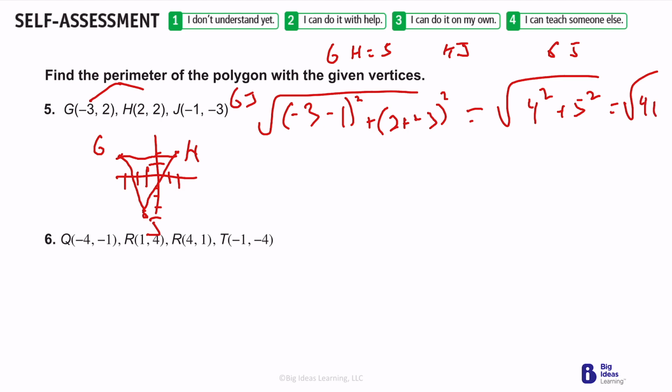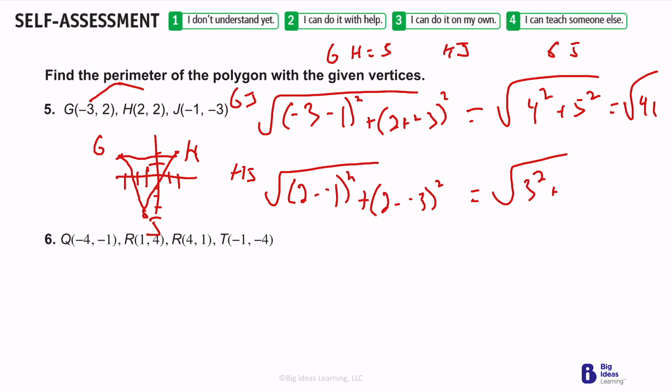Kind of ugly. And then for HJ, 2 minus negative 1 squared plus 2 minus negative 3 squared. So square root of 3 squared plus 5 squared. So square root of 34.